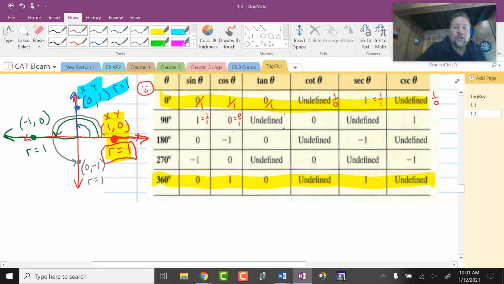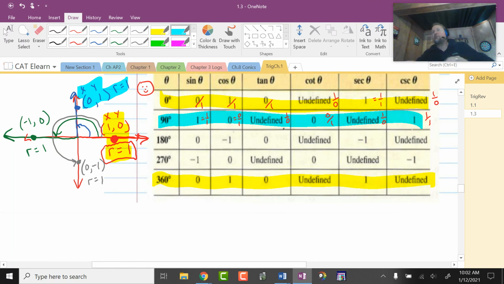And then tangent is y over x. Cotangent is the flip of y over x. Secant is the flip of cosine. And cosecant is the flip of sine. That's all I care to go through as far as determining why this chart shows what it shows.